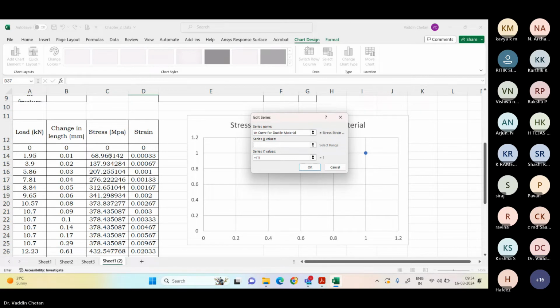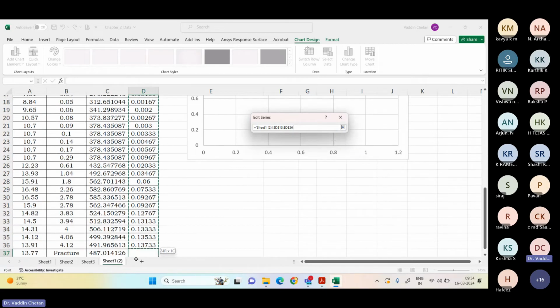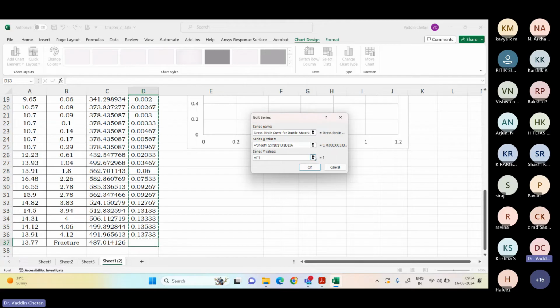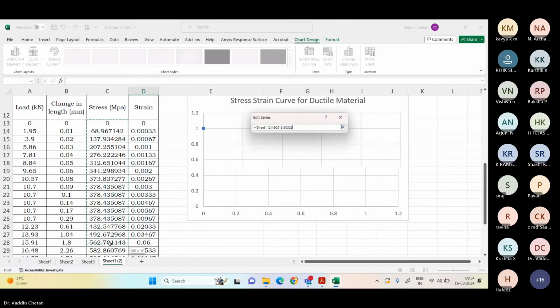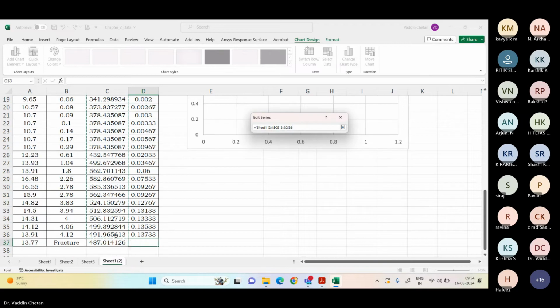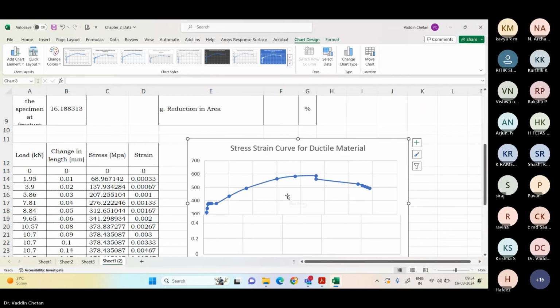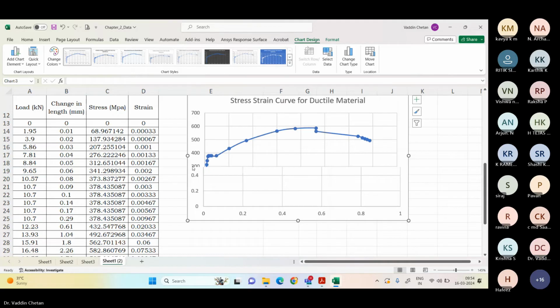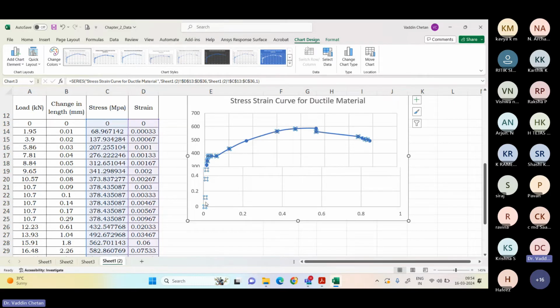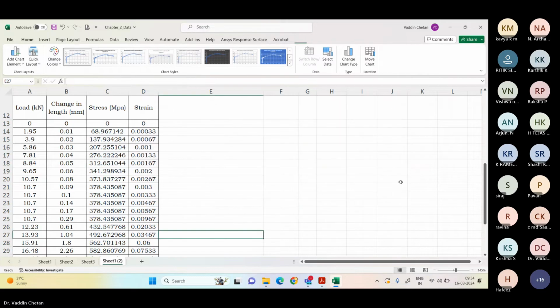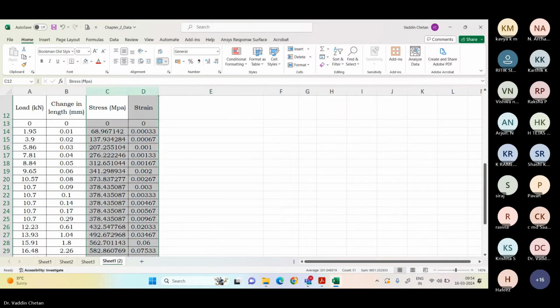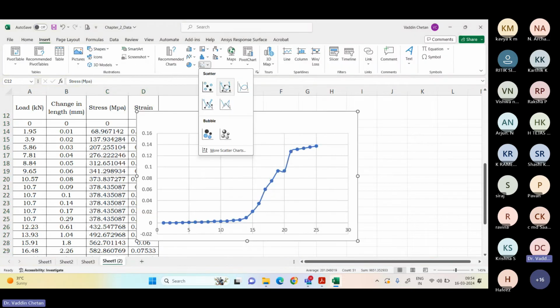Your strain will be your X entity, and the stress will be your Y entity. Click on OK. Now, there are two graphs, and they have been overlapped.